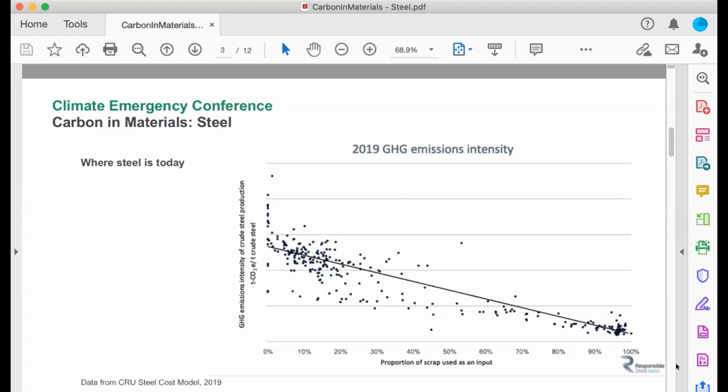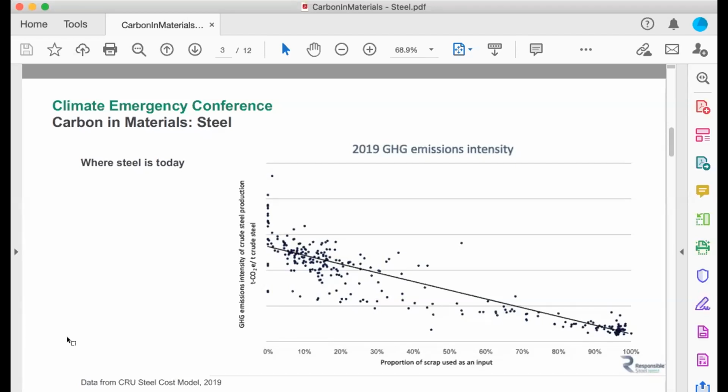The graph I'm just showing you shows the emissions from around 300 representative steelmaking sites around the world. And that's using data from the CRU steel cost model. What it's showing on the x-axis is the proportion of scrap used as an input material compared to the proportion of iron ore used as an input material.